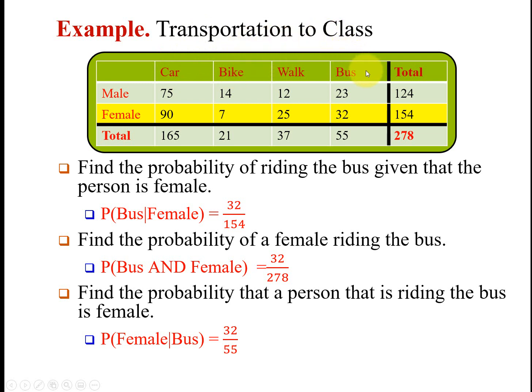We were asked to find the probability of riding the bus given that the person is female, the probability of bus given female. So we're concerned with this row, 154 females, and females and the bus intersect right here, so just 32. 32 divided by 154 is what the probability equals.